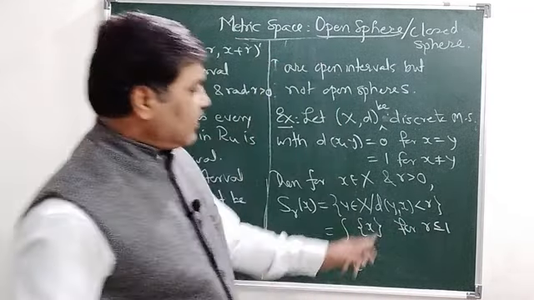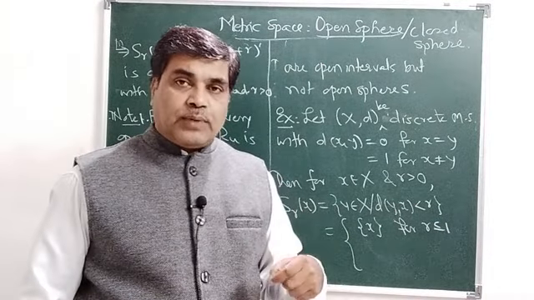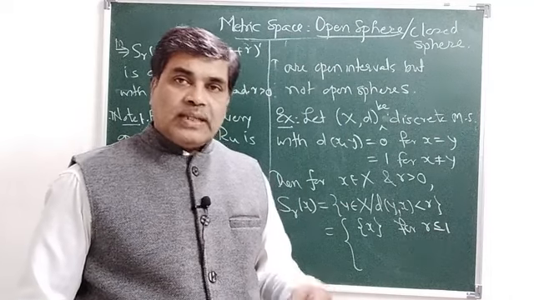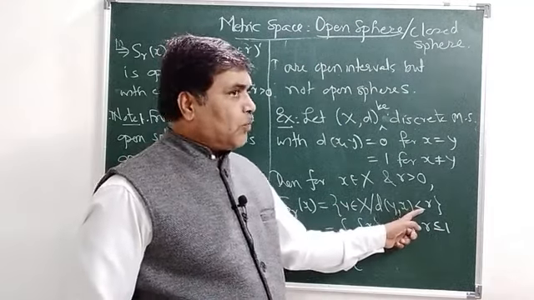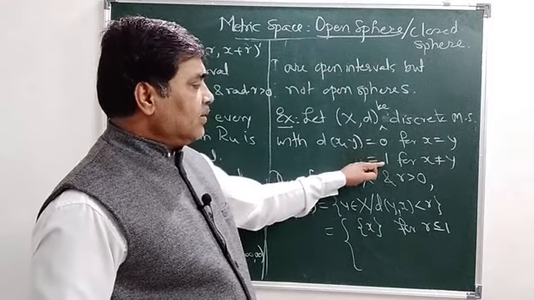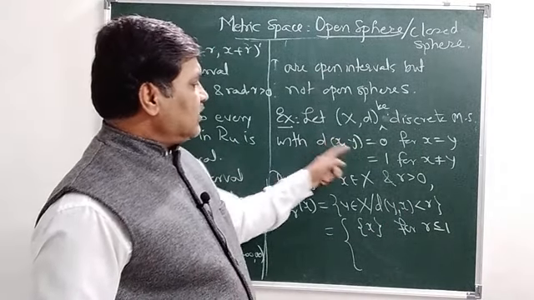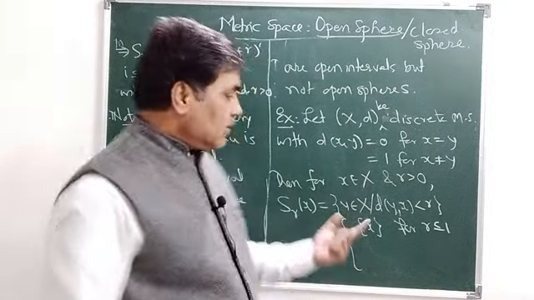And if I take r greater than 1, if my choice of r is 1.1, 2, 3, 3.1, then d of x, y less than 1.1 means d of x, y takes the value 0 as well as 1. So for any two points in X, the distance between them is either 0 or 1, which is less than r greater than 1.